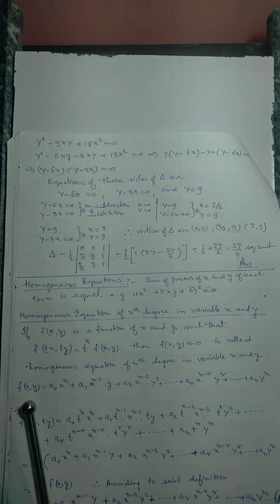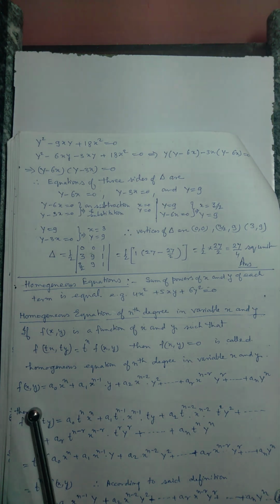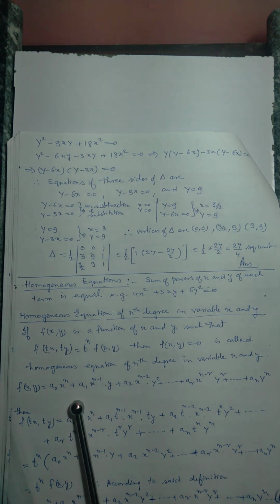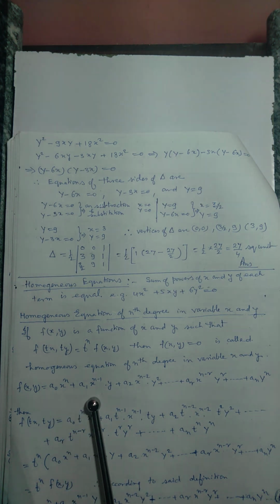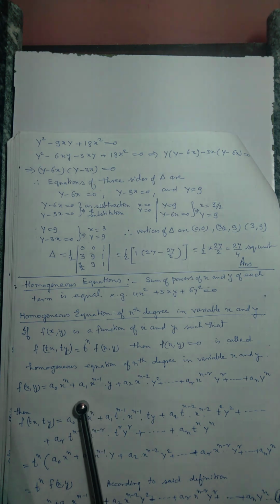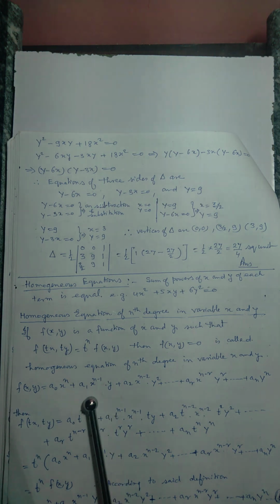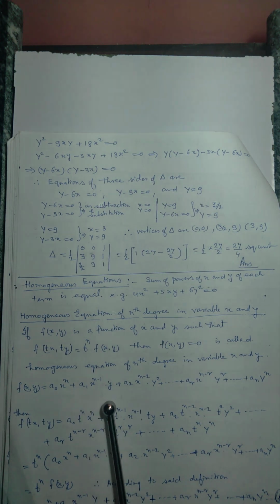Function f(x, y) is a0 x raised to power n plus a1 x raised to power n minus 1 into y. That is the power of y is 1 here.